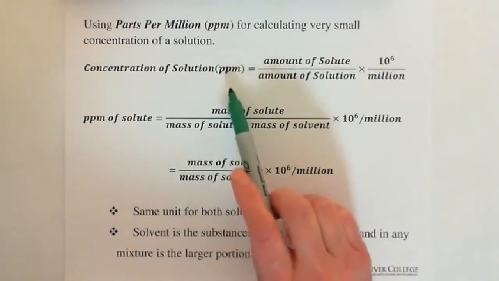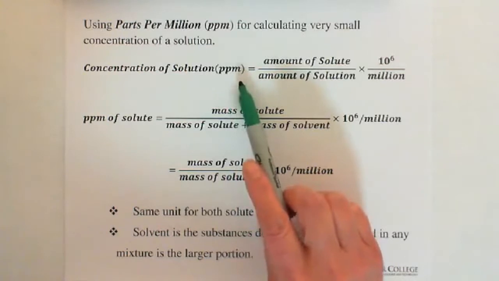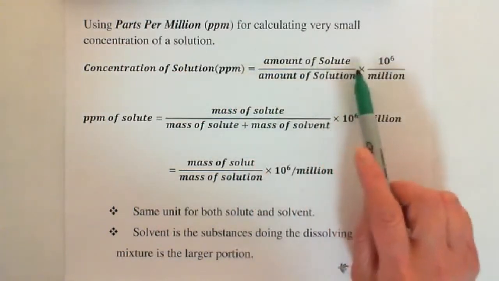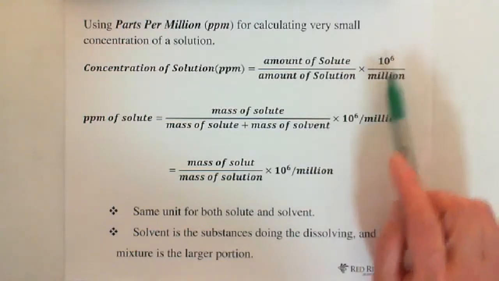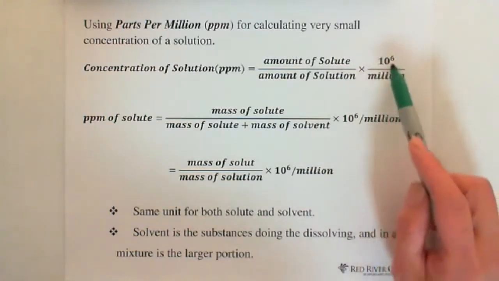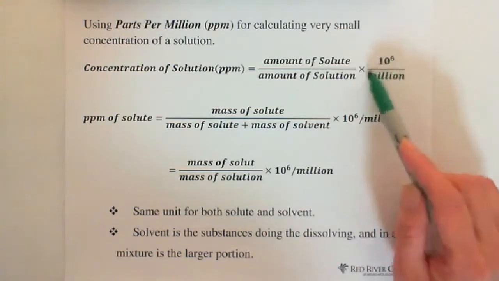So the definition is concentration of ppm solution equals amount of solute over amount of solution times 10 to the 6 exponent per million. Because this 10 to the 6 is million over million, this is a 1, right?